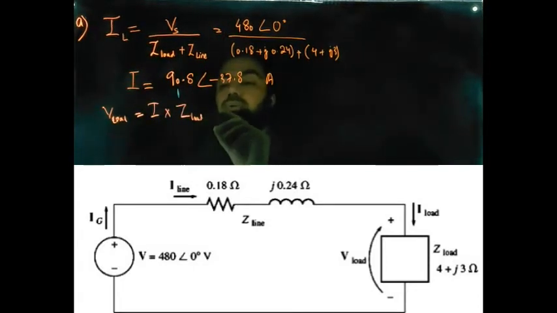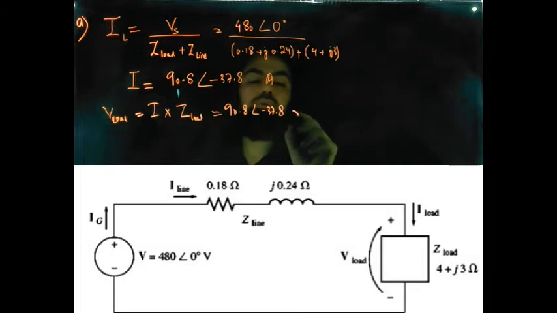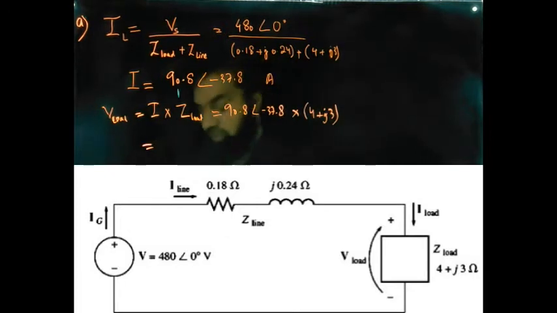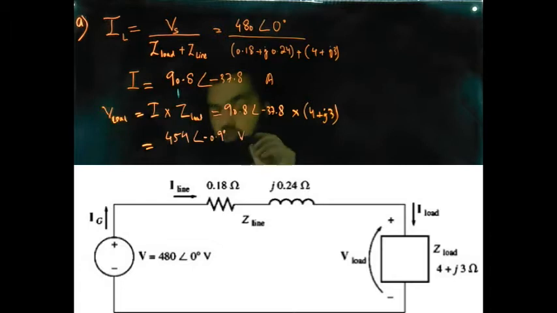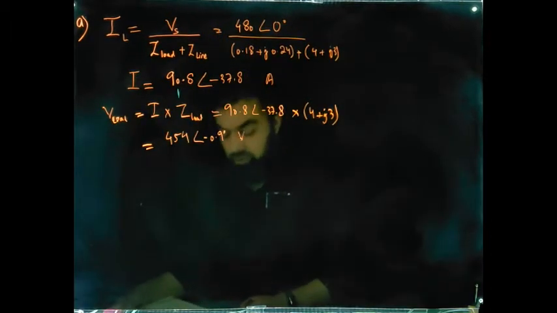I is 90.8 angle minus 37.8 into Z load is 4 plus j3. Again you can solve this and this voltage will come out to be 454 angle minus 0.9 degrees volts. So this is your output voltage, this is your load voltage in the circuit.